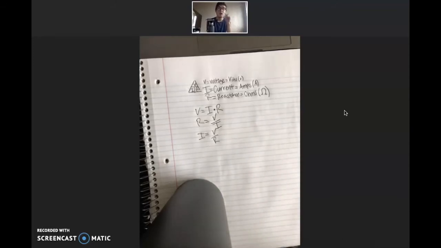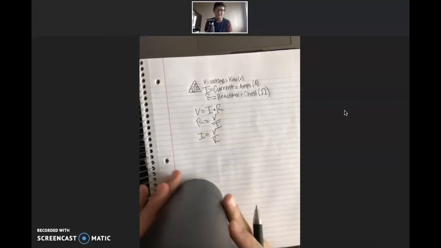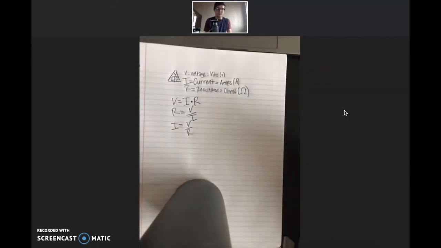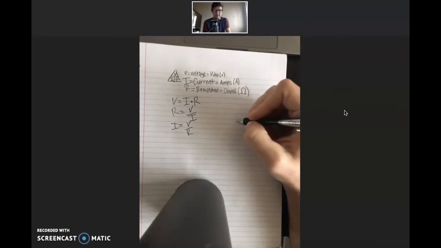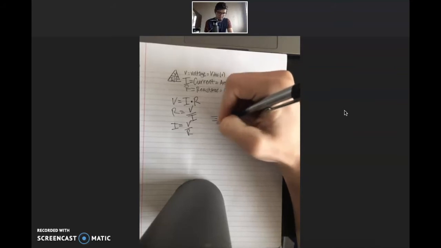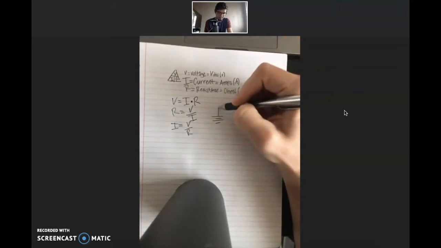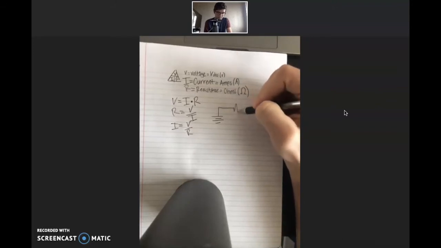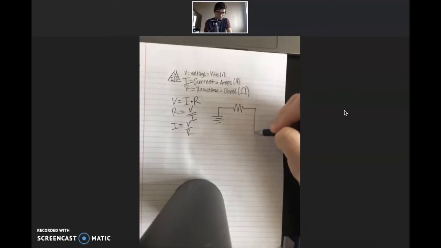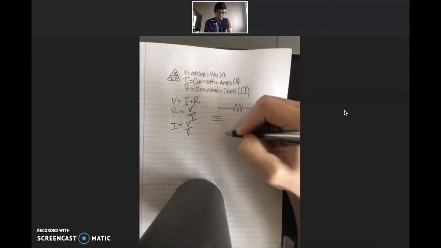Pretty easy stuff. So I'm just going to jump into some more complicated practice problems. I'm going to move my document camera to the side a little bit. It's a weird system, but we're going to make it work. I'm going to draw a quick circuit. Let's say we have our battery, which is represented by these lines, as you remember. Coming out here, we have our resistor 1, resistor 2.